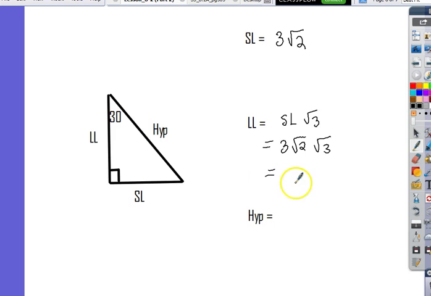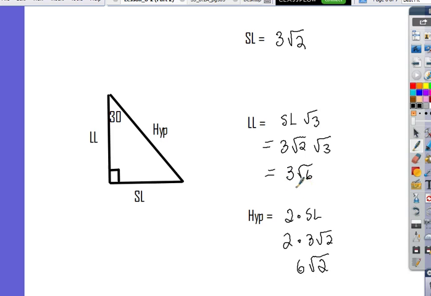When you're multiplying root 2 and root 3 together, that's just root 6. And that's simplified. If I break down 6, there's no pairs. Hypotenuse is 2 times the shorter leg. So that would be 2 times 3 root 2. So that's just going to be 6 square root of 2. Any questions about that one?